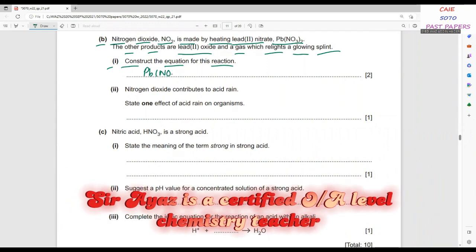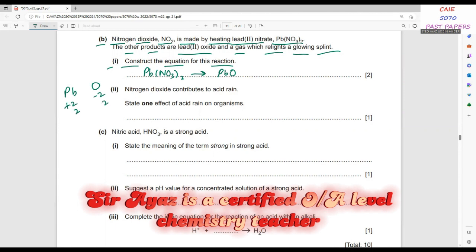Pb(NO3)2 gives lead(II) oxide, which should be PbO. Lead(II) means lead, the charge on lead is +2. Oxygen belongs to group 6, so the charge on oxygen is -2.